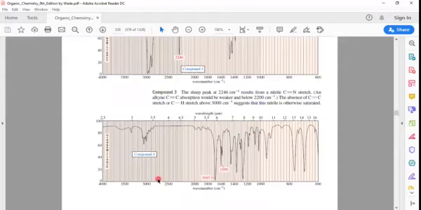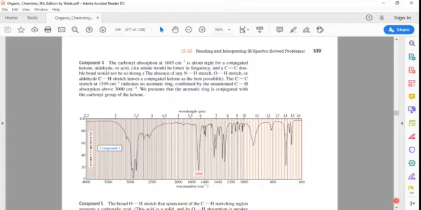You have these peaks showing carbon-hydrogen stretching, and similarly this one is also a carbon-carbon stretching. So based on this data, we can say that this is a ketonic group attached to a ring. Okay, what about this compound 5?